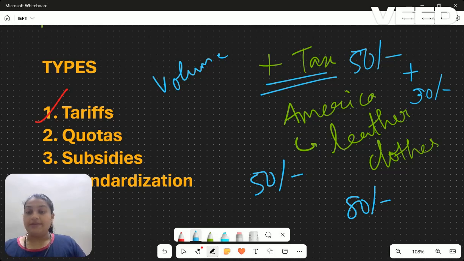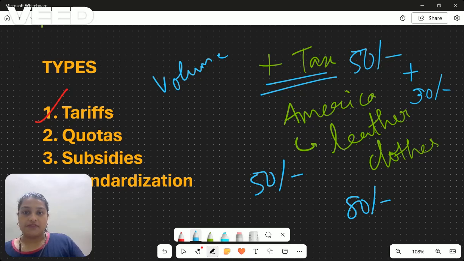They will have a limit. If you are bringing gold, you can't bring more than 10 grams. So like that, limitations will be given. Limits will be given. That is called quotas. Quotas are about the volume.